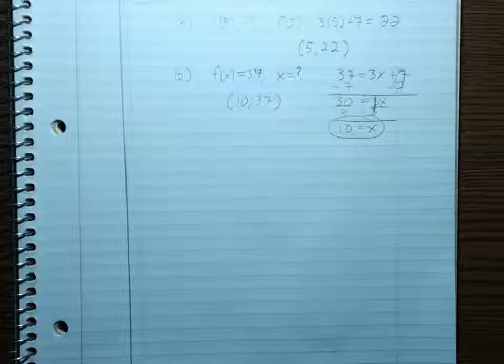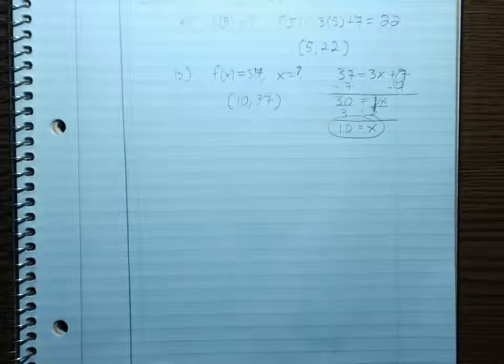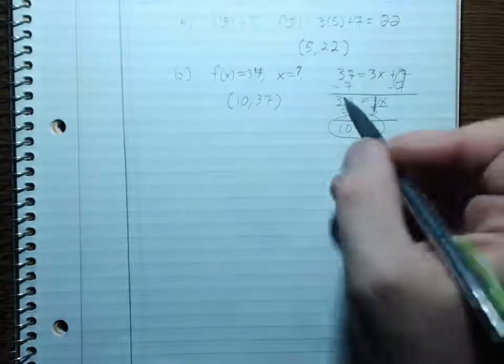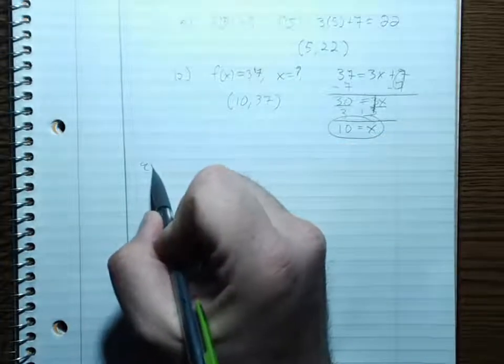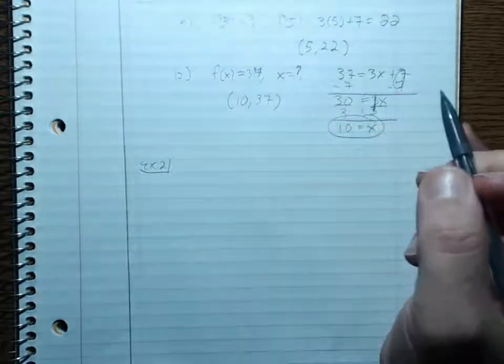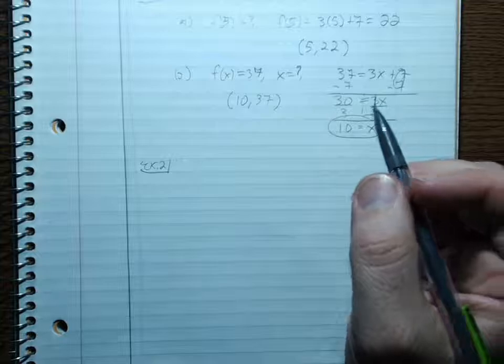Just like you take dirty clothes and stick them in the washer, and when they come out, they're clean and they're wet. Then you stick them in the dryer, and when they come out, they're clean and they're dry. So they've gone into the washer dirty and dry, and they come out clean and dry. Well, that's what we're doing here with functions. So this is kind of our mathematical version of a washing machine and dryer, all right?